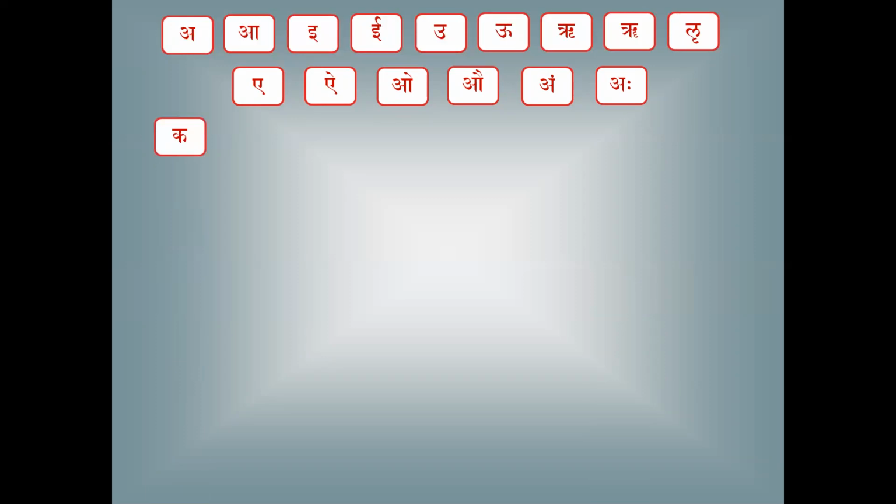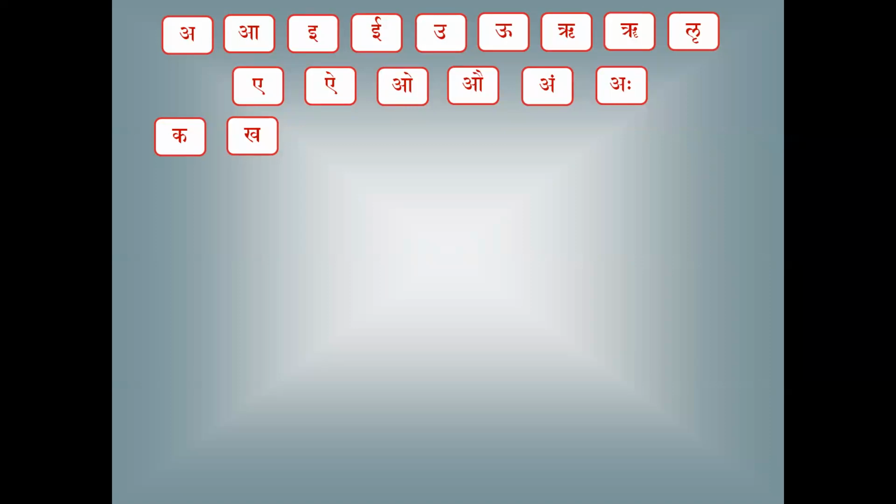Ka. Ka. Both are the same. What's the difference? Then why do we need two letters if both are the same? Mahaprana, Alpaprana. It is not ko, it is ka. The uchcharanam has to be proper.